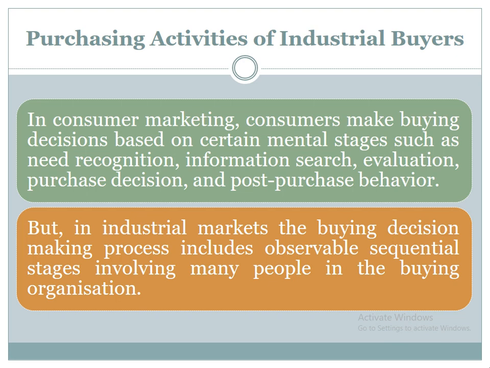But in industrial markets, it is not true. They are not following the exact 5 steps. The buying decision making process includes observable sequential stages involving many people in the organization. The understanding of these steps or phases of the buying decision process is helpful to an industrial marketer to develop an appropriate selling strategy.